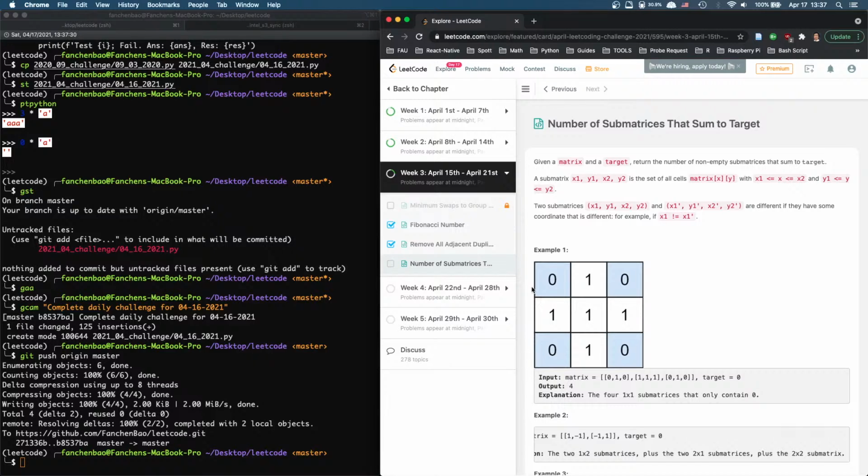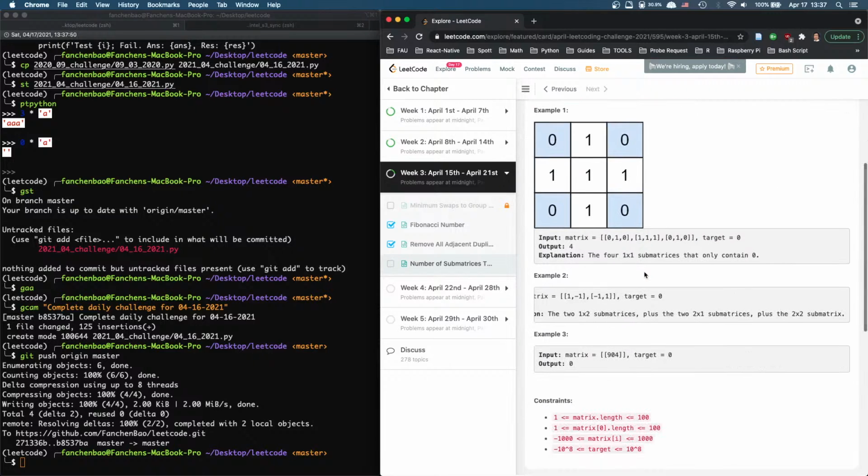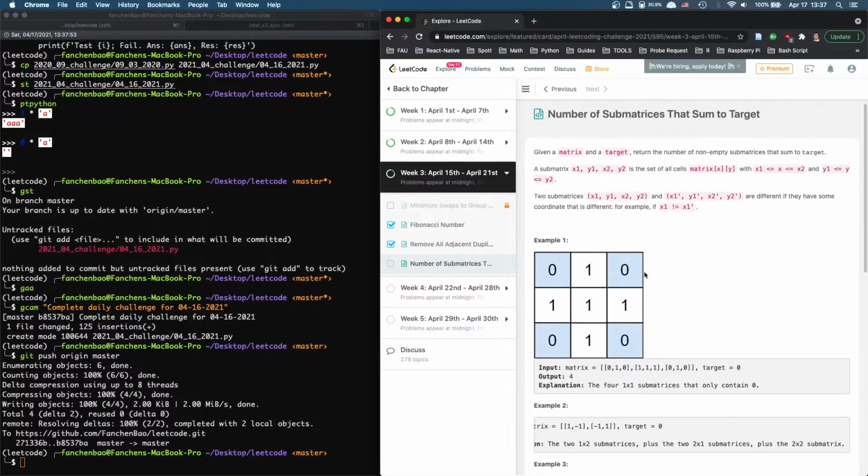That means we have to go through everything here, I think. And the value goes from negative to positive, so we have to go all the way to the front. There's no way to save the calculation.